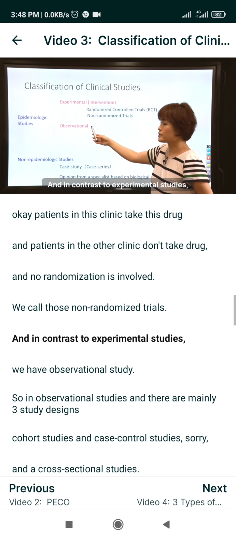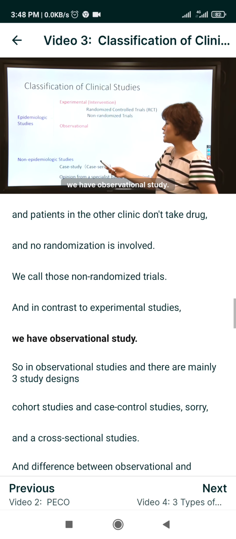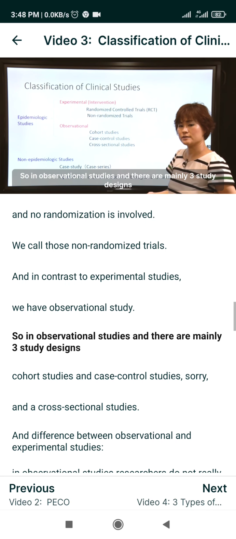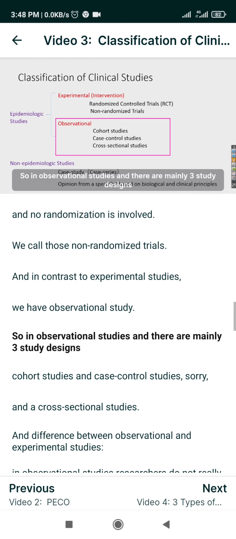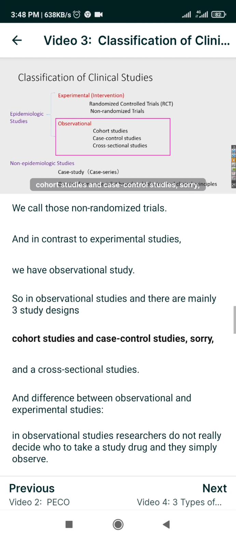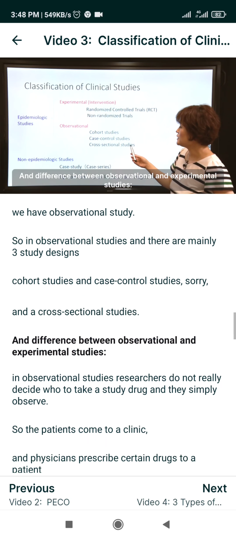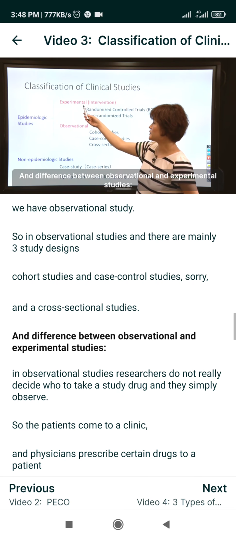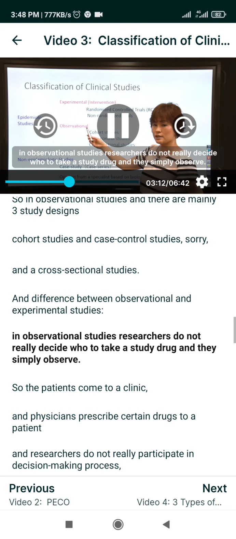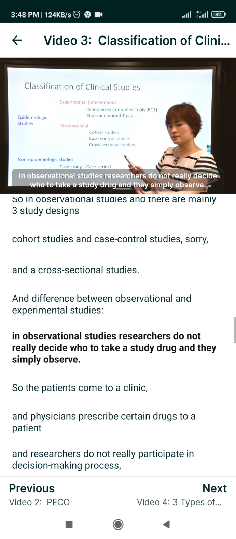In contrast to experimental studies, we have observational studies. In observational studies, there are mainly three study designs: cohort studies, case control studies, and cross-sectional studies. The difference between observational and experimental is that in observational studies, researchers do not decide who takes a study drug, they simply observe.